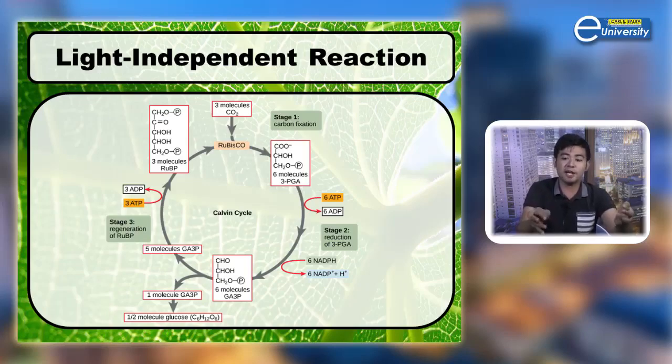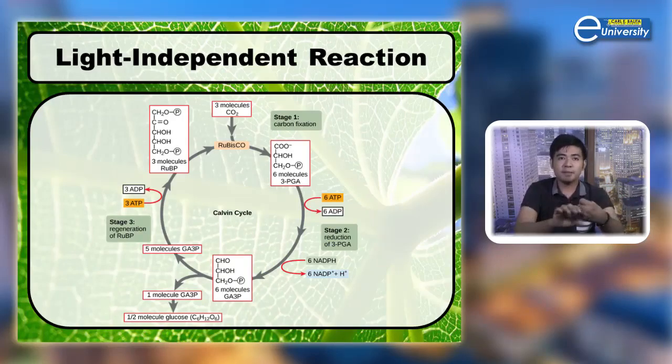These molecules are needed in the production of glucose. This cycle is very complicated because the Calvin cycle must rotate 6 times in order to produce one molecule of glucose. So again, we have the carbon fixation followed by the reduction, in which the molecules of PGA are reduced using NADPH.